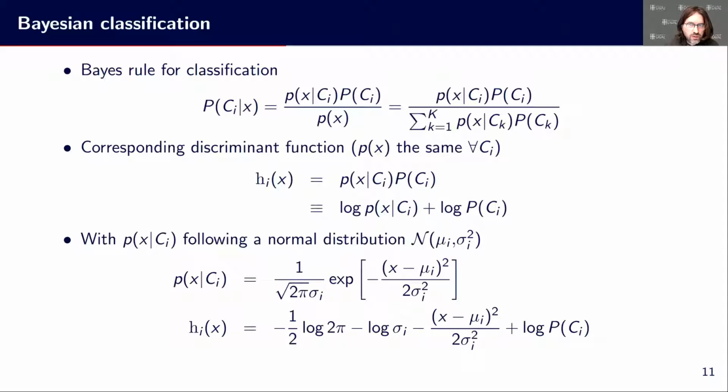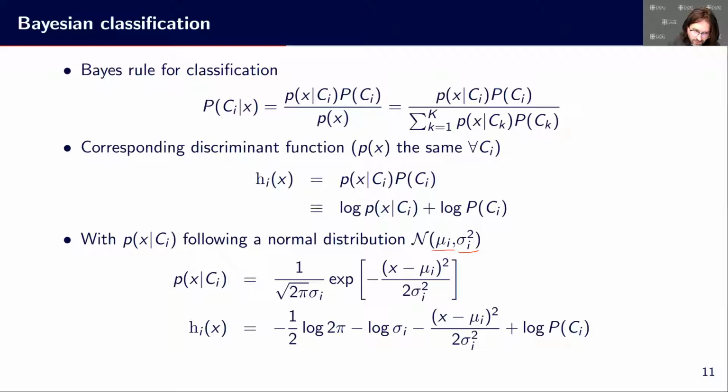When we assume that the sample x for a given class follows a normal distribution, we have a normal distribution per class, parameterized by mu_i, the mean of the distribution for class i, and sigma_i, the standard deviation of the samples from class Ci according to our modeling.